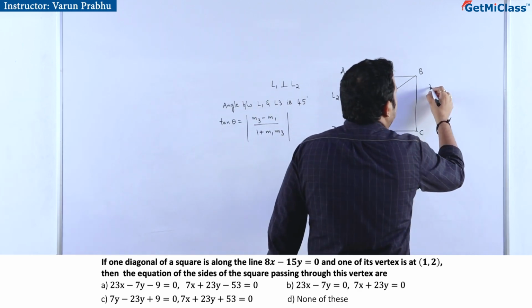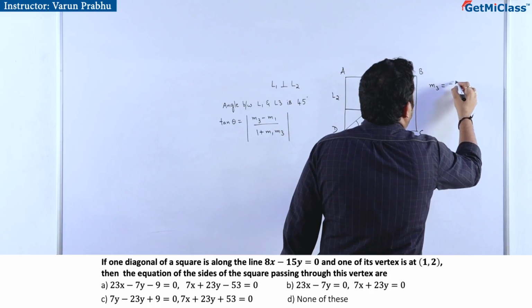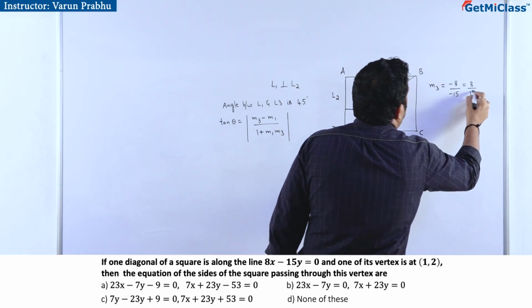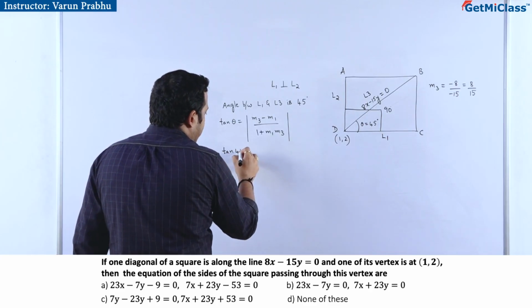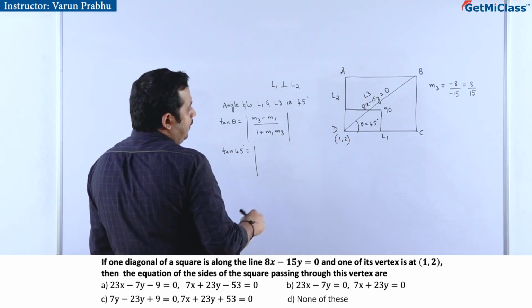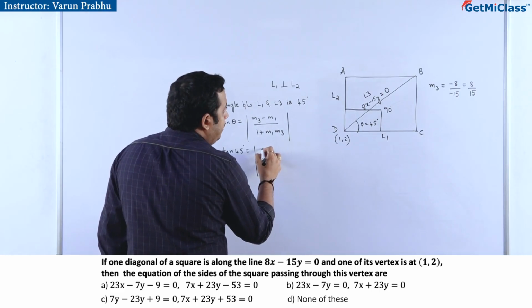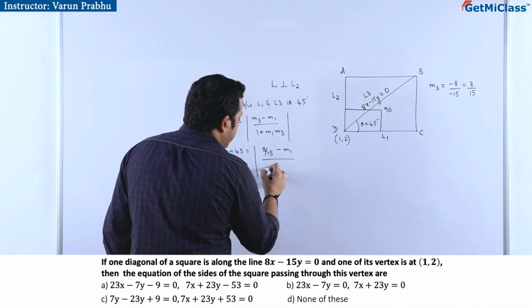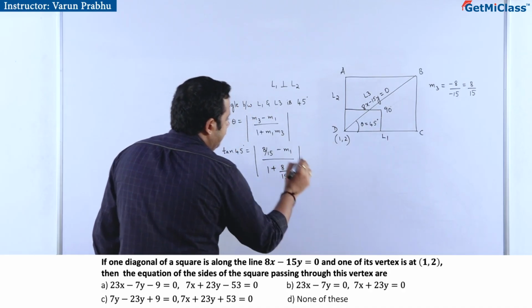The slope of line 3 is minus 8 divided by minus 15, that is 8 by 15, correct? So tan 45 degrees is equal to modulus of (8 by 15 minus m1) divided by (1 plus 8 by 15 times m1), correct or not?